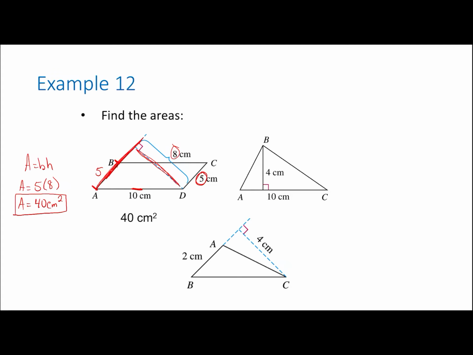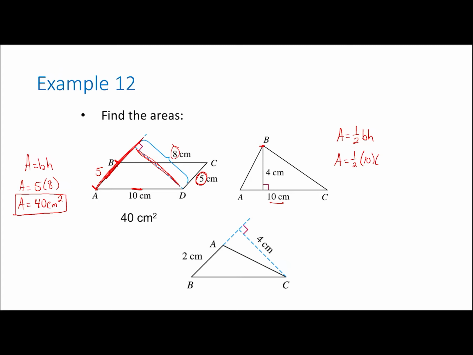Now, on the next one, we want to find the area of the triangle. And so again, that area formula is 1/2 base times height. And so it's 1/2. In this case, our base is 10. The height, again, is a perpendicular segment coming up from that through the opposite vertex. So through this point.